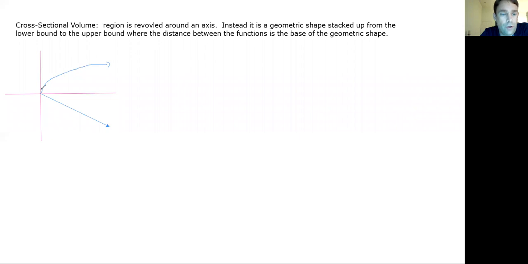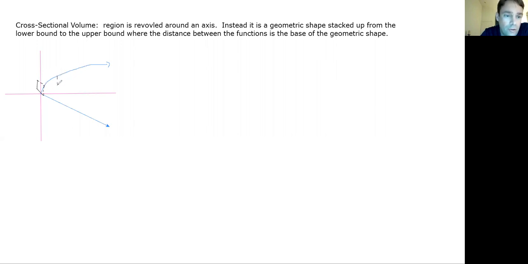What cross-sectional volume says is we're going to pretend that that distance there is the base of some geometric shape. So I'm making my base squares.